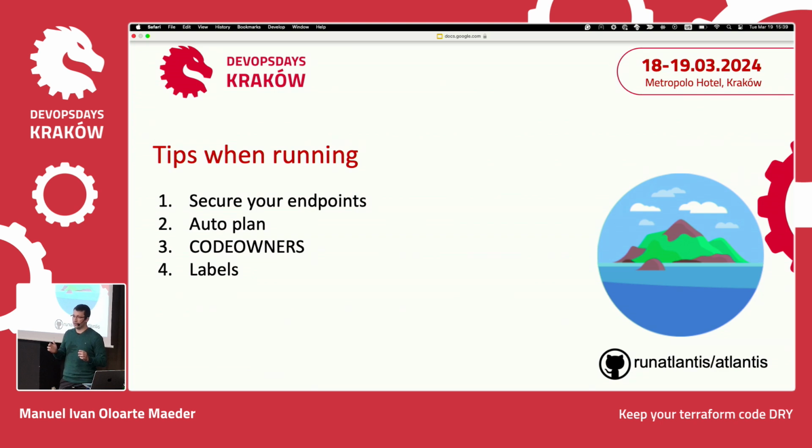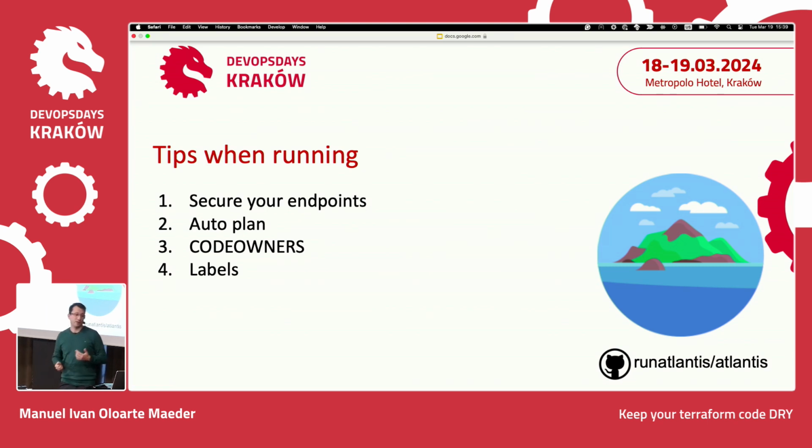Running autoplan sounds like a nice feature, but it has security concerns in production. If you use, for example, a null resource configuration block, when you run a plan it will execute an executable defined inside this null resource block, and maybe someone with bad intentions could do something bad with this executable that is running on production.